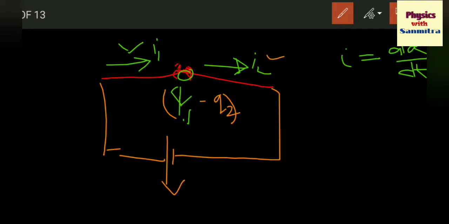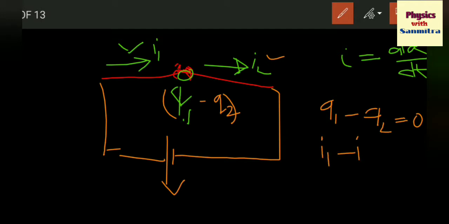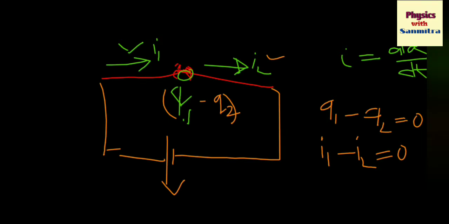So I can say that Q1 minus Q2, that is the charge in the node, is equal to 0. If I differentiate this with respect to time, then I find I1 minus I2 is equal to 0. So I1 is equal to I2. I1 is entering, so plus, I2 is leaving, so minus. So I1 minus I2 is equal to 0, and that is exactly what KCL says.